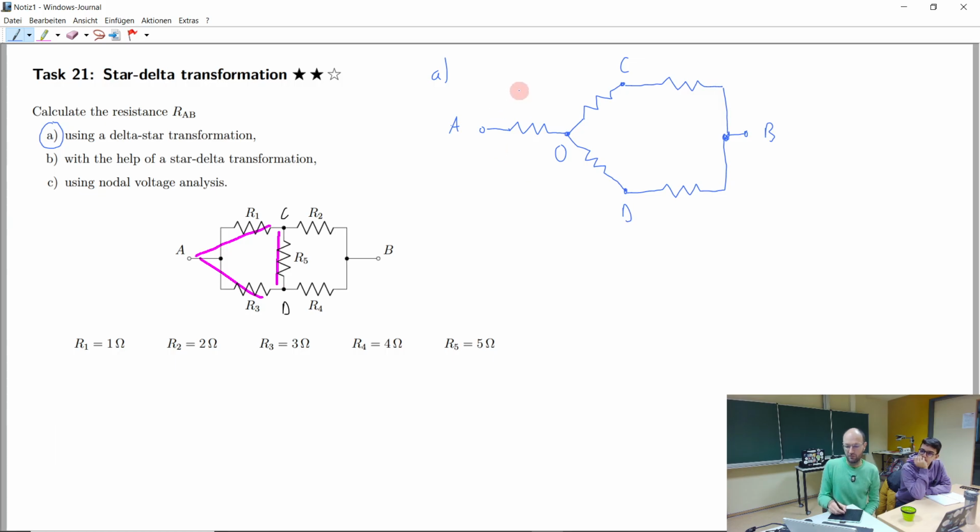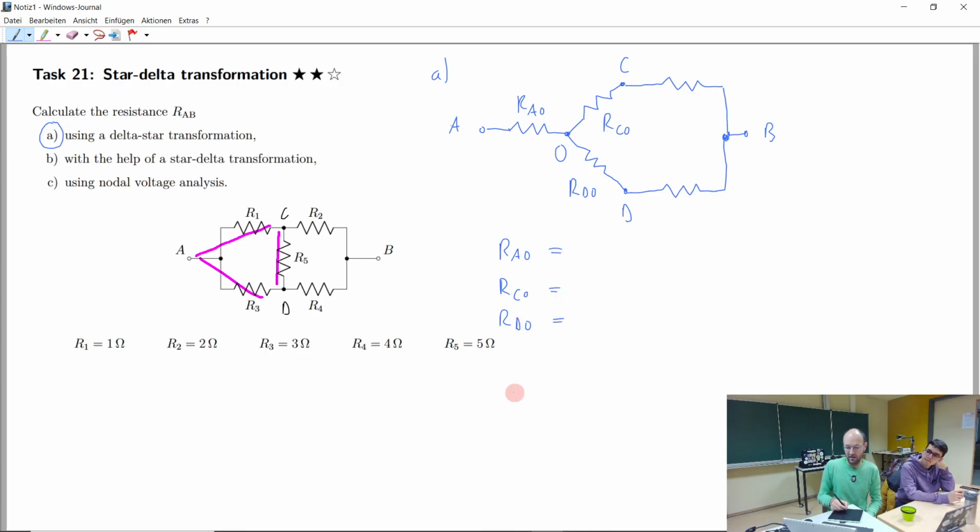Okay, and then we have three new resistors that I will call RA0, RC0, and RD0. And now the question is, okay, how can we calculate RA0, RC0, and RD0?